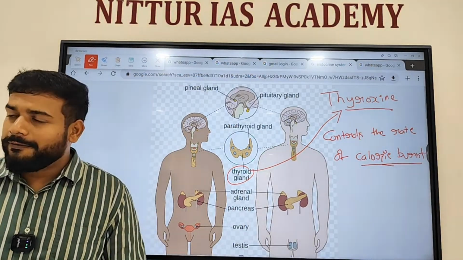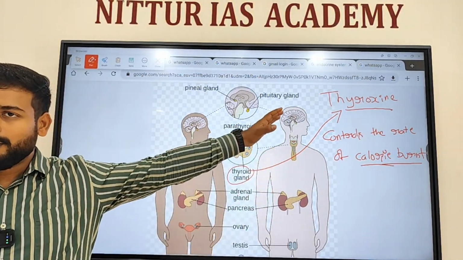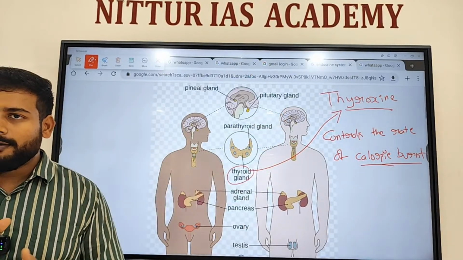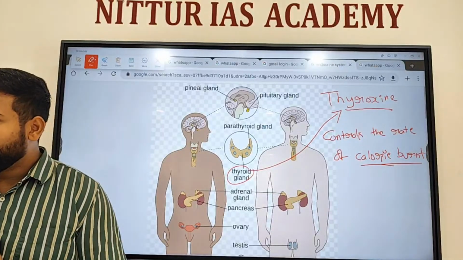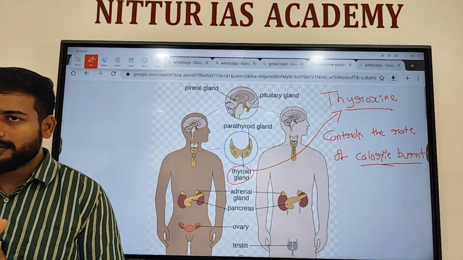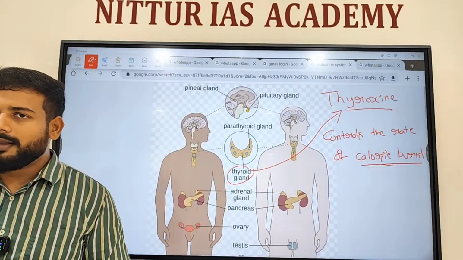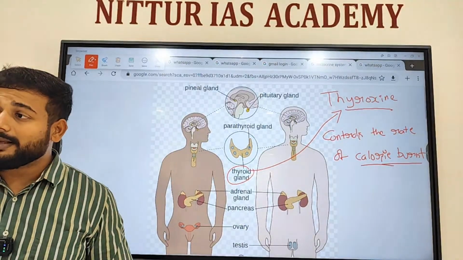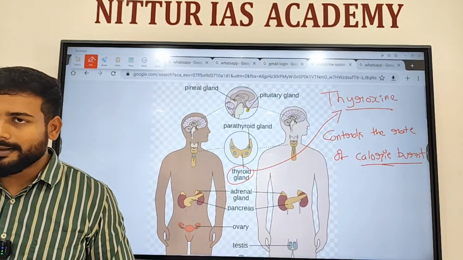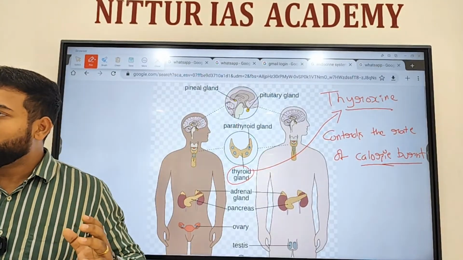The rate of burning calories is controlled by thyroxine. If thyroxine is secreted in the correct manner, in the proper amount, then only 50 calories of energy are burnt. If the thyroxine hormone is secreted more, then 100 calories are burnt.